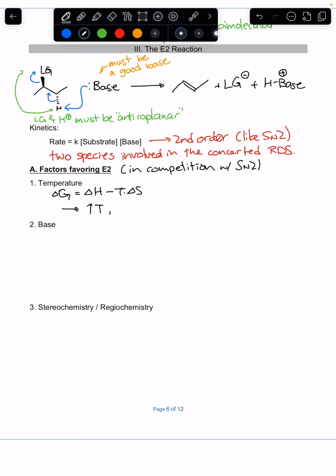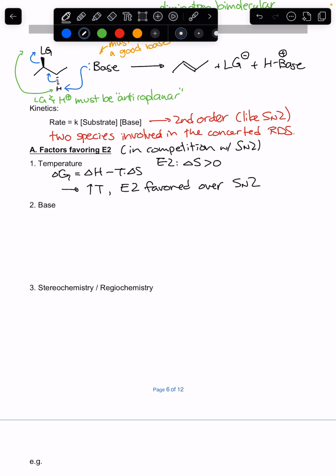So the chaos or disorder is increased, and for the same reason, for the E2 reaction, delta S should be positive because you have more particles in the end, like the E1 reaction. So E2 is favored over SN2 at high temperatures.